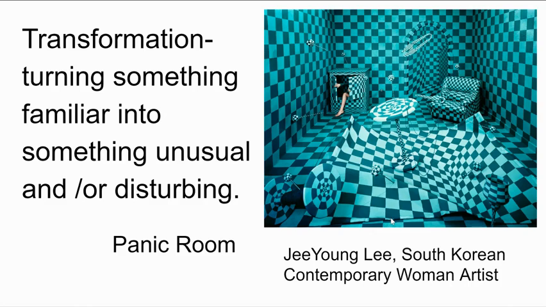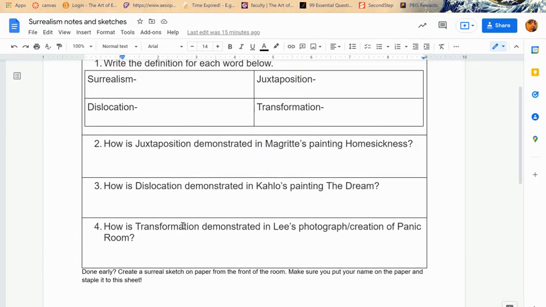Okay. So look at this photograph and write down something in question number 4 that you think is transformed in Jiyoung Lee's work. Okay, so that's what's due today, is this side of your worksheet. If you're done early, then you're going to grab some paper from the front, staple it to your worksheet, and start on a surreal sketch.